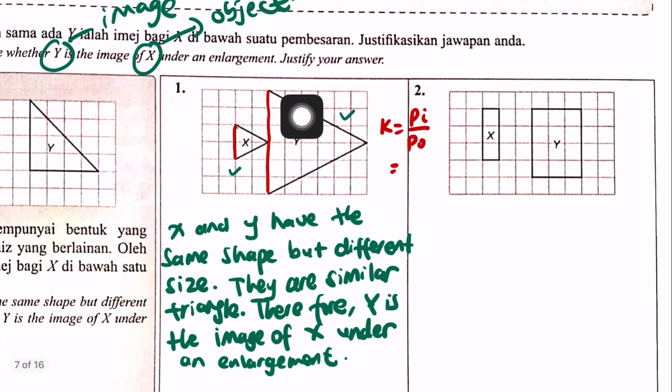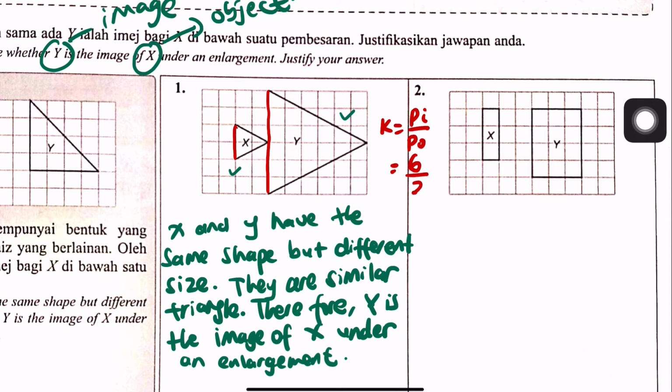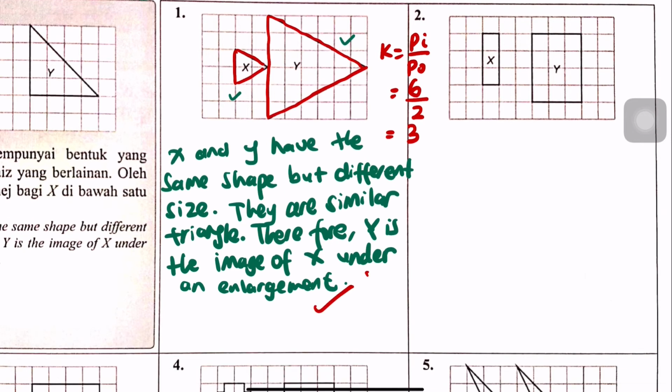Image is Y. So 1, 2, 3, 4, 5, 6, so 6 over 2, we have 3. Now let's check the other sides. This one 1, 2, 1, 2, 3, 4, 5, 6. Correct. Again 1, 2, 1, 2, 3, 4, 5, 6. Correct. So our answer is correct.